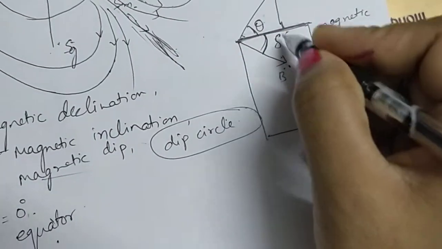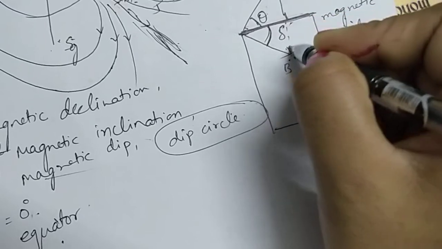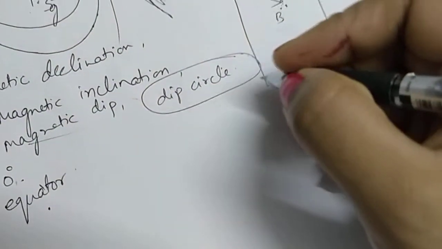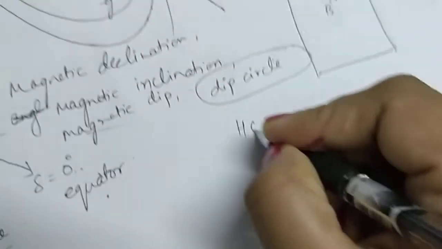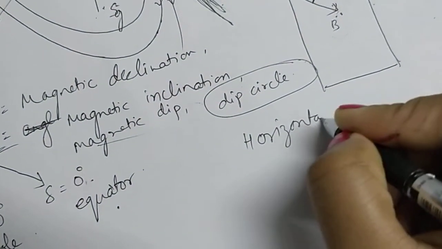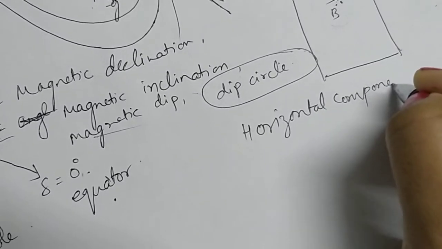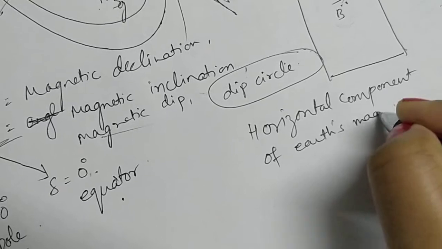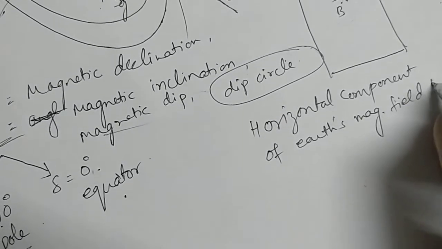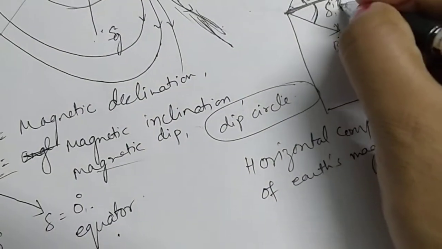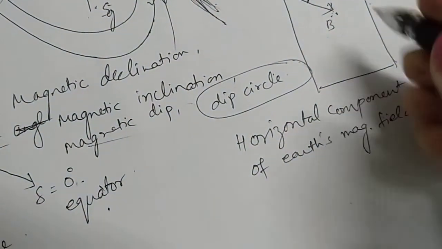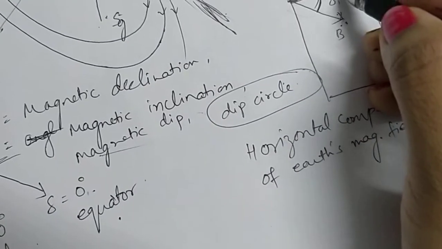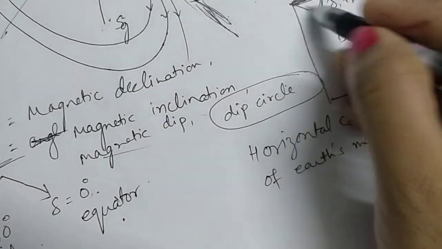Then the horizontal component. Horizontal component of Earth's magnetic field is the component along the magnetic meridian. This is BH, or you can just write H. So if I consider this triangle, it's a right triangle, with perpendicular, base, and hypotenuse.